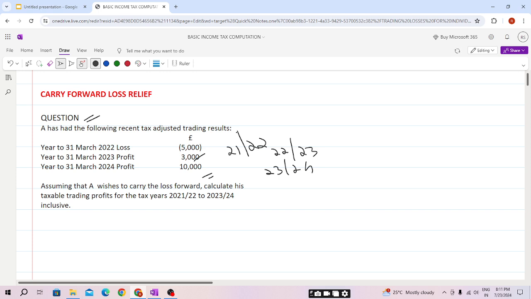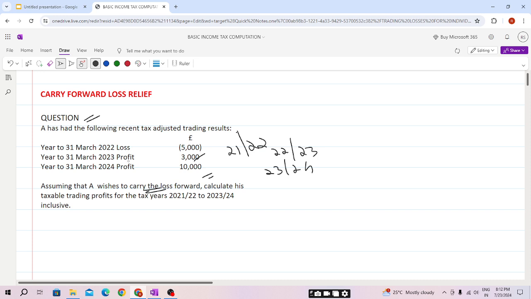Assuming that A wishes to carry the loss forward, calculate his taxable trading profits for the tax years 21-22 to 23-24 inclusively. So students, here A is assuming to carry forward the loss.